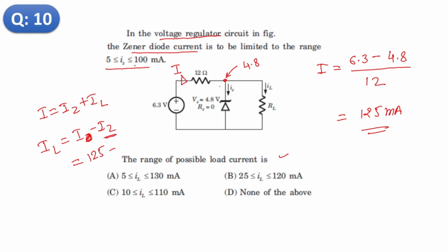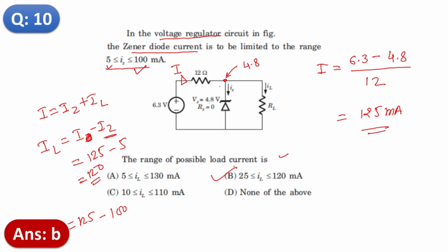IZ minimum is 5, so that is 120. So IL maximum is 120, and in the case of maximum IZ, there will be IL minimum, 125 minus 100, that is 25. So option number B will be the correct answer. Okay, fine.